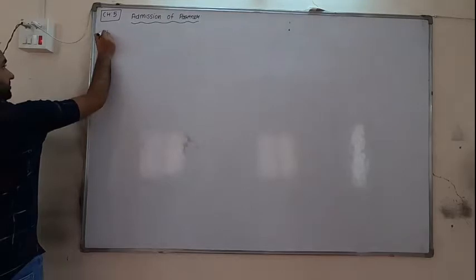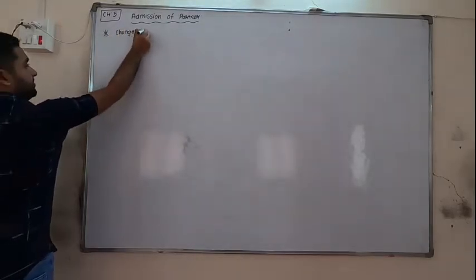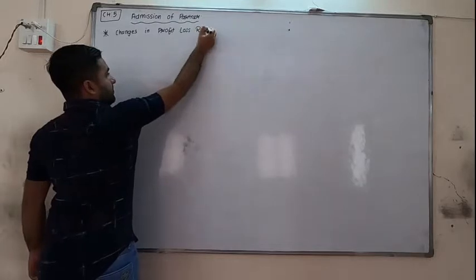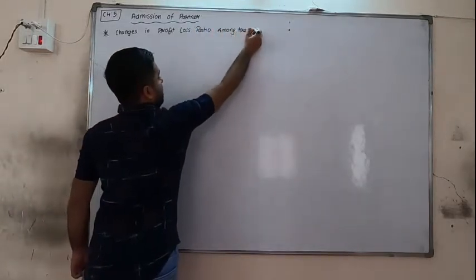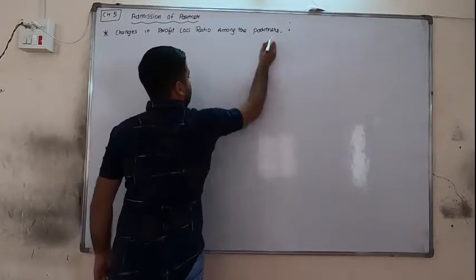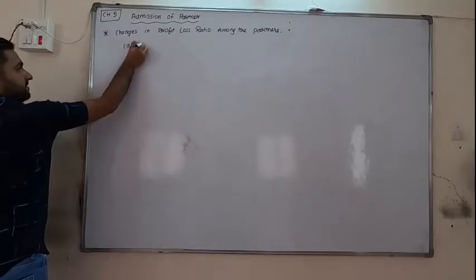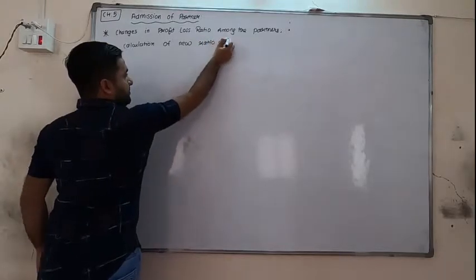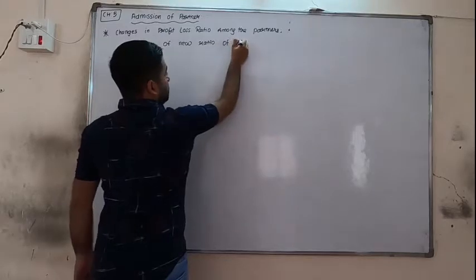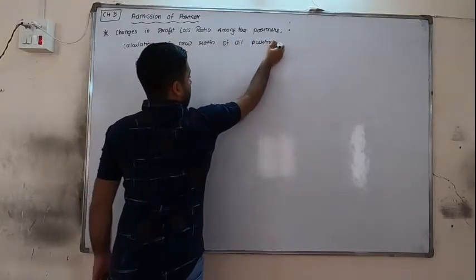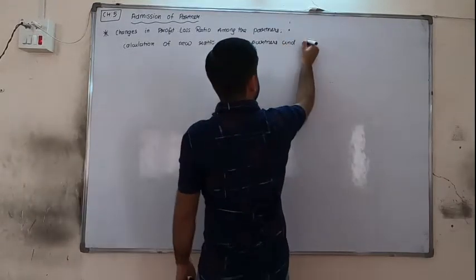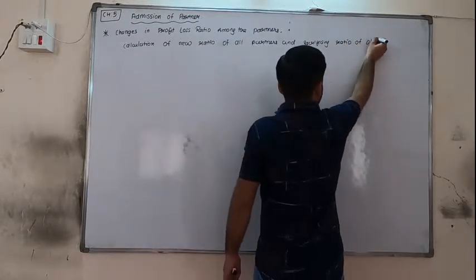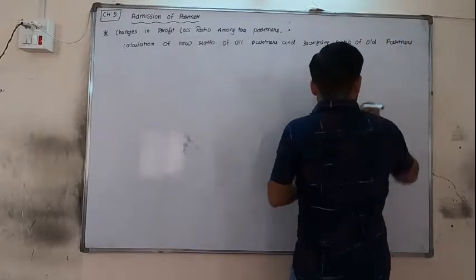Now in that we are taking the first topic: changes in profit and loss ratio among the partners, that is, calculation of new ratio of all partners and sacrificing ratio of old partners. So this is our heading.